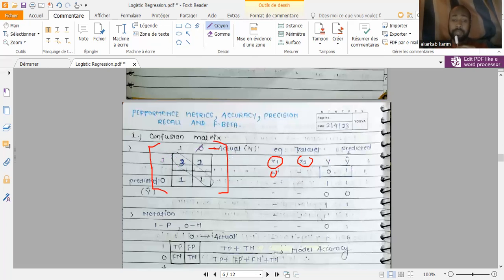That means the intersection between 0 and 1 is here, so I put 1 here. This is why it's the wrong one. I pass to the second one. We have 1 1. That means the prediction is correct. I go to this intersection between predicted and actual, and I put 1 here. I go here again. We have 0 0. That means a correct prediction.